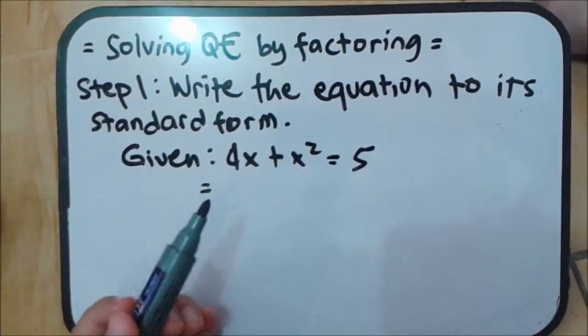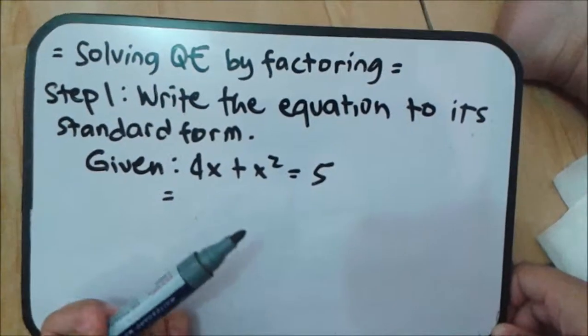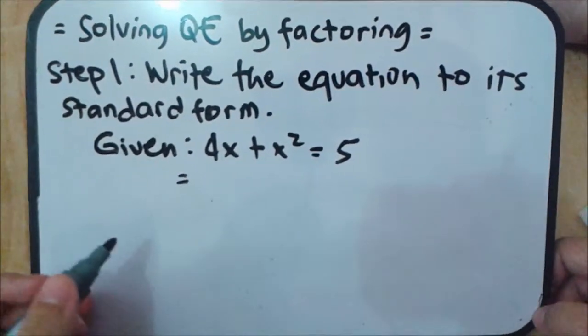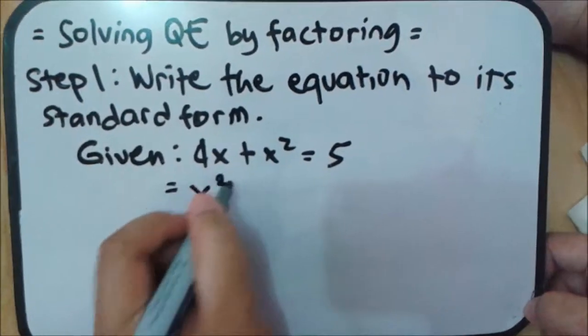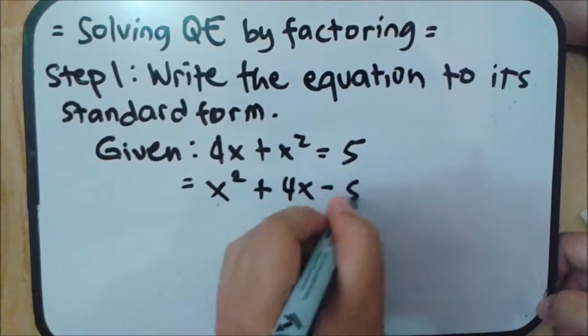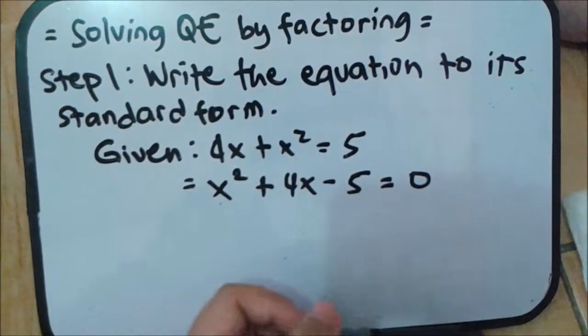It is said that step 1 is to write the equation in its standard form, and the standard form is ax squared plus bx plus c equals 0. So the standard form is x squared plus 4x minus 5 equals 0.